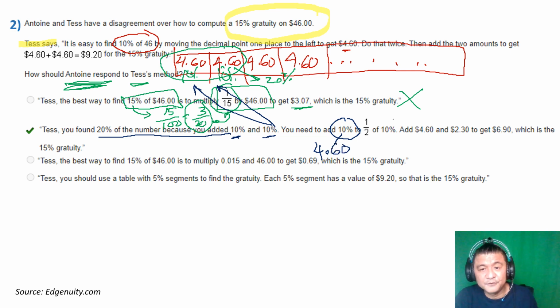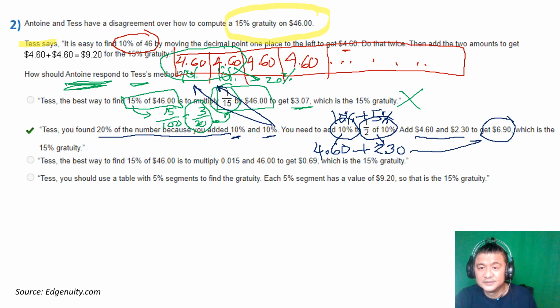And then half of the 10% is what? $2.30. Why do I need to get half? To get the 5%. So if I add these two, that's going to be 15%, and that's going to be $6.90. It makes sense. That's going to be your 15%.